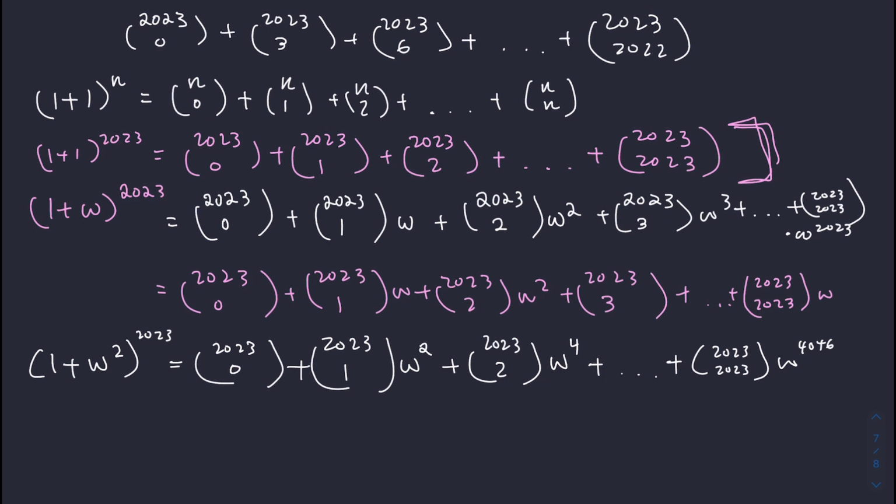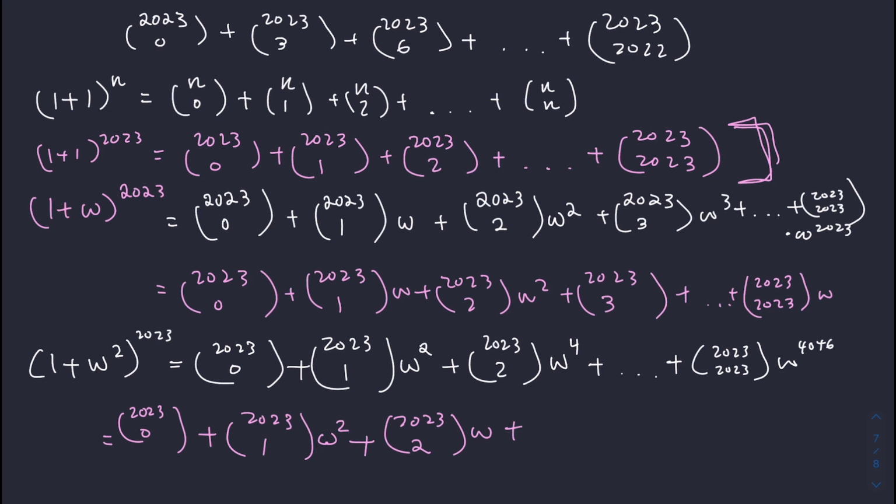Same as what we did before, we can simplify everything a little bit more so we don't have a bunch of crazy exponents. So this would essentially be 2023 choose 0 plus 2023 choose 1 omega squared. And for this next term, we discussed earlier that when it leaves a remainder of 1 mod 3, that'll just be omega again. And of course, if it leaves a remainder of 2 mod 3, that'll be omega squared. So let's keep writing this as just omega this time.